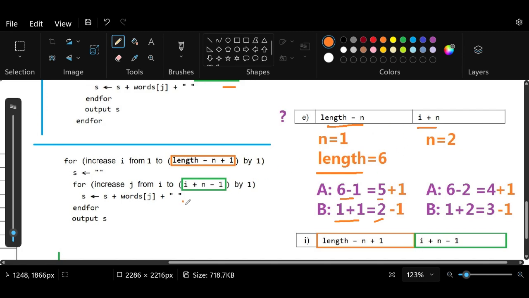I is 1 because if we start off first with 1 here, then for the second loop, we would be at 1 as well because we're starting from I. And then we have to do a +1 because we're doing unigrams, and that's where we get 2 here. Now, the thing is, with the second for loop, what we are going to do when we're inside the for loop is add the words.